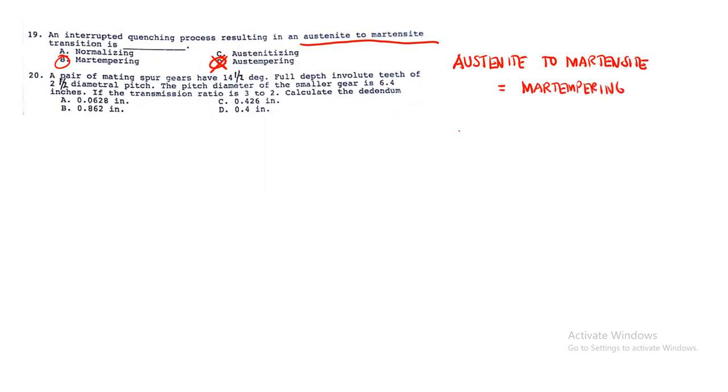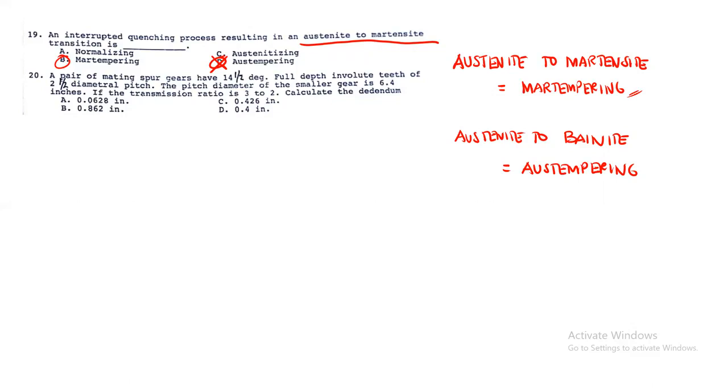Pero kapag austenite to bainite, sagot dito is aus tempering. So, ang sagot dito is smart tempering. Letter B. So, next, 20.